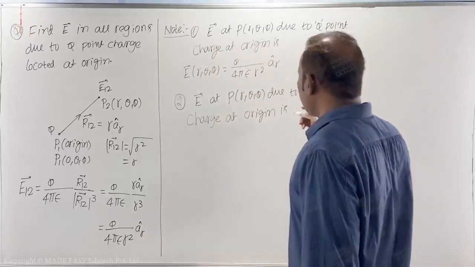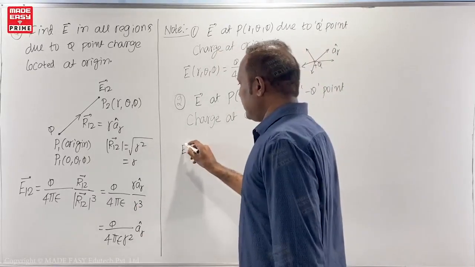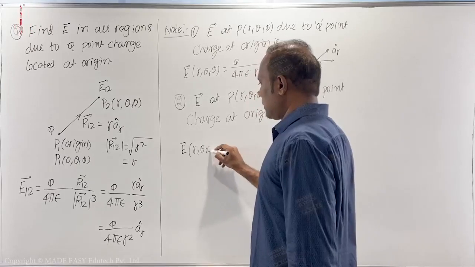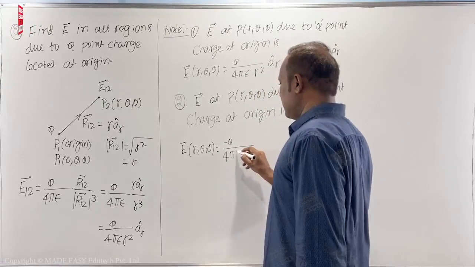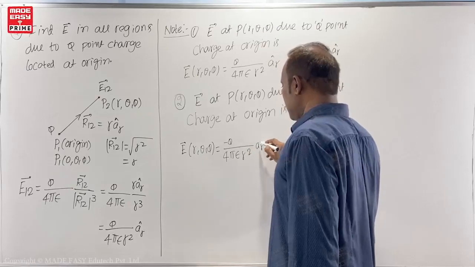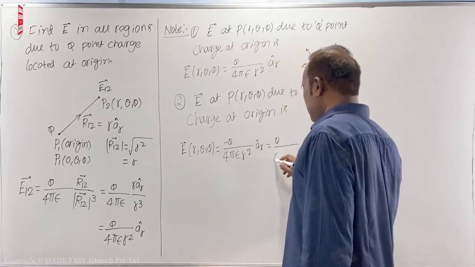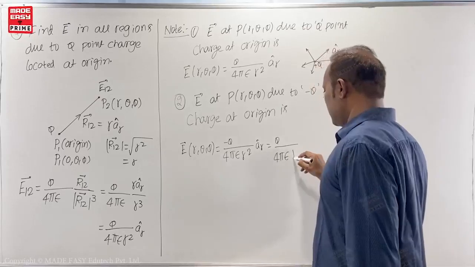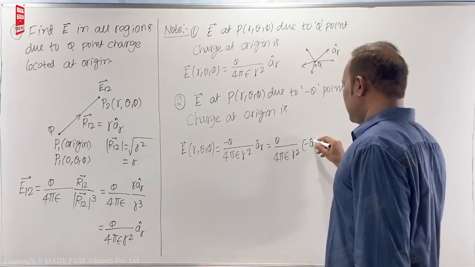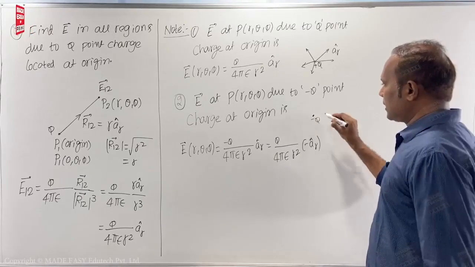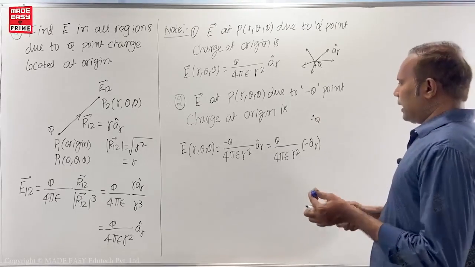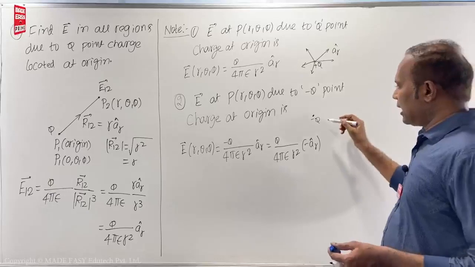So then electric field at (r, theta, phi) is equal to minus Q divided by 4 pi epsilon r square aR cap. So Q divided by 4 pi epsilon r square, minus aR cap comes. So here it is minus Q, and actually aR cap means away.